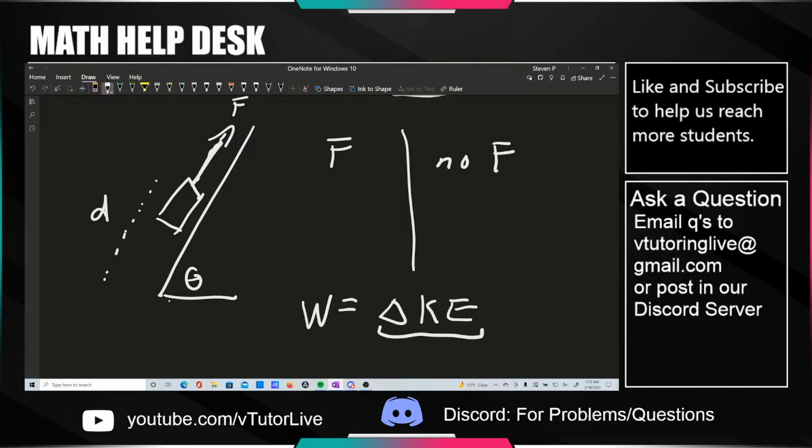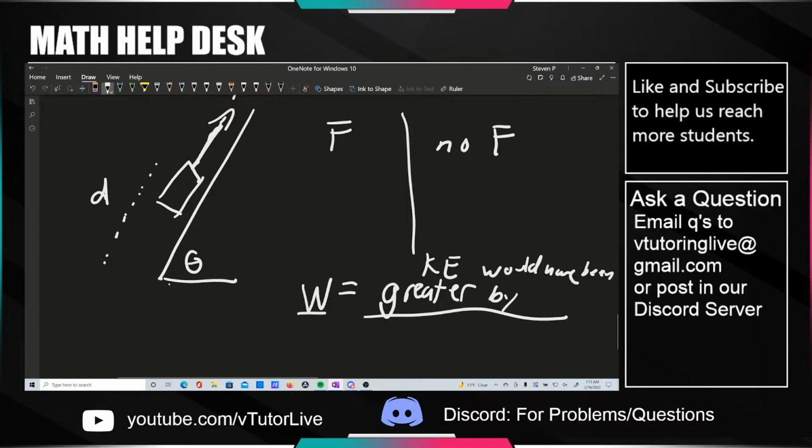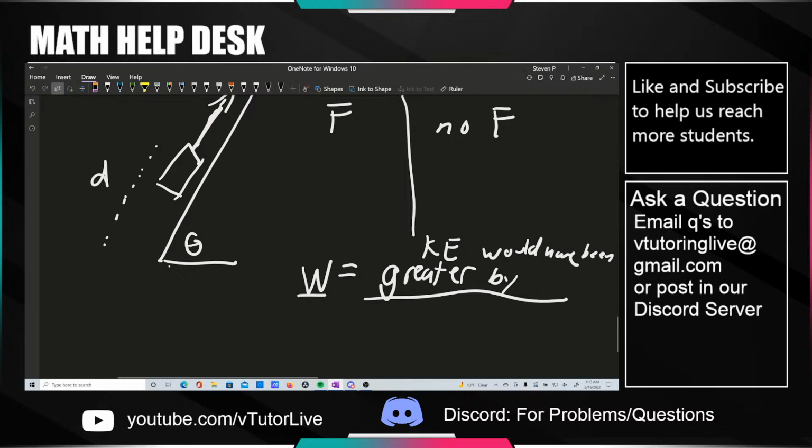This is not delta kinetic energy over two different times, but rather the amount that the kinetic energy would have been greater by. So basically, sorry, this is a really long-winded way of saying we're being asked to find the work for this problem.